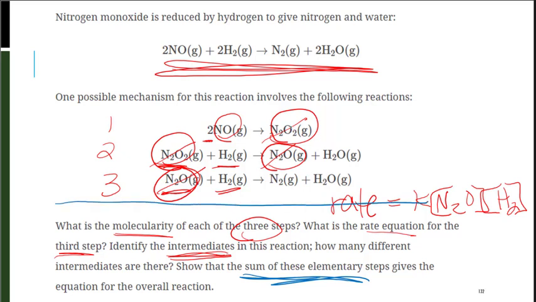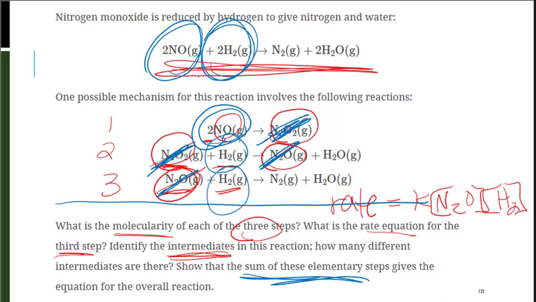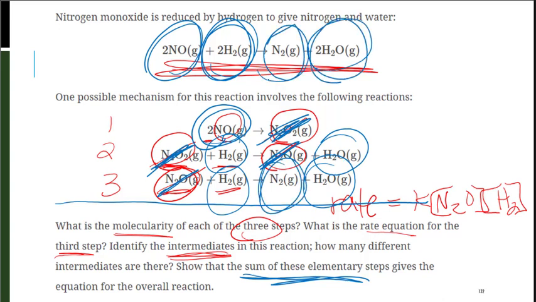So I'm going to put a line down here. When we cancel out those intermediates and bring down everything else, I'm going to bring down my 2 NOs to give me the 2NO. Bring down my 2 H2s to get 2 H2. And on the right side, I have a 1 H2O and a second H2O and an N2. And that gives me my overall sum of those elementary steps to get my overall reaction.